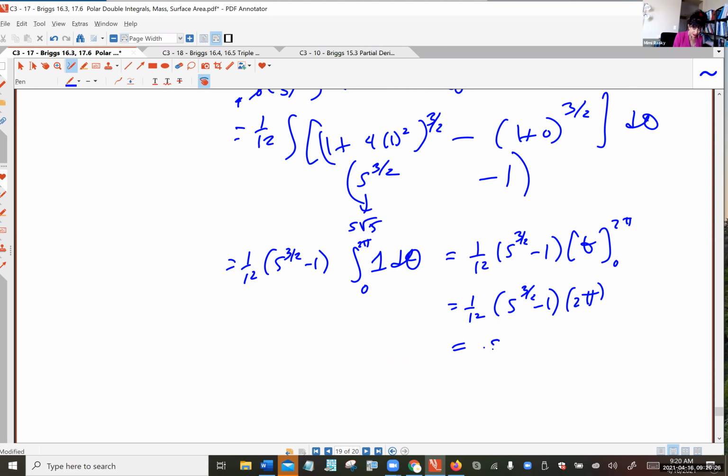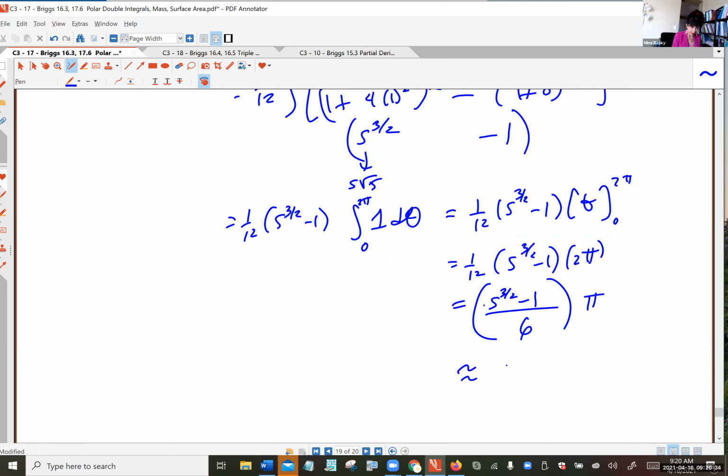It's going to be (5 to the 3/2 minus 1) over 6, times pi. And this is a positive number, and it better be because you're doing surface area. So it's about 5.33 square units. And that's the surface area of the portion of a paraboloid. Yay!